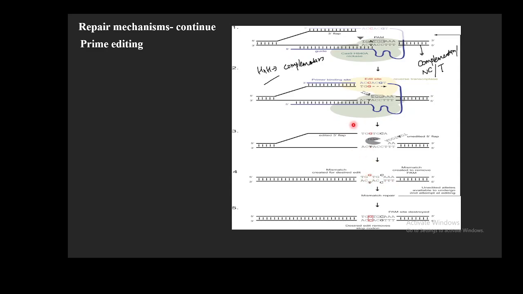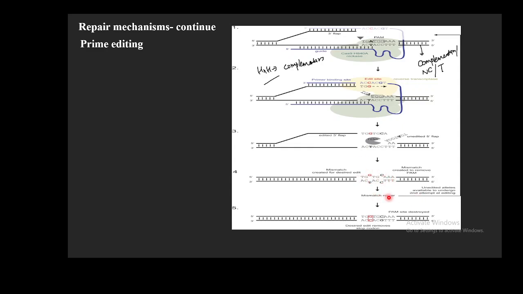So you have removed the stop codon here. You have also removed the PAM sequence here. So this Cas9 will not recognize any, because you know the PAM sequence is very essential for Cas9 to function. So Cas9 will not recognize any of these sequences here.